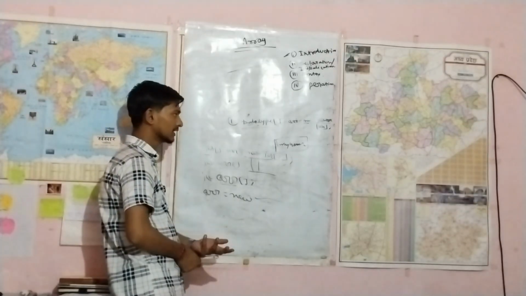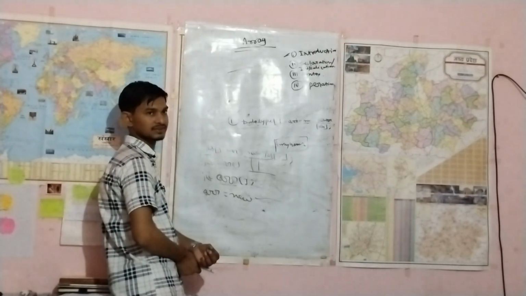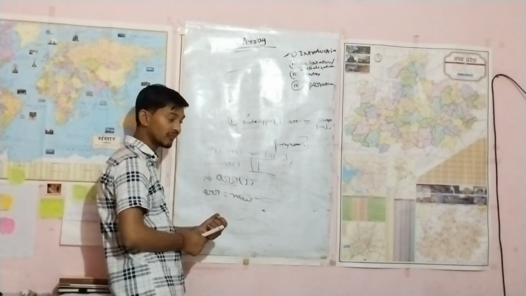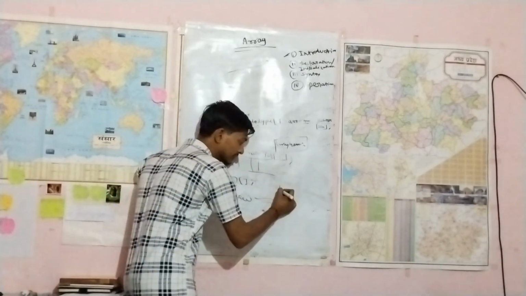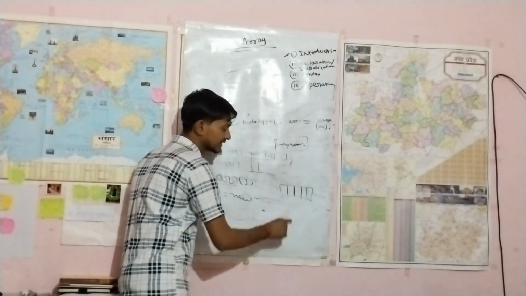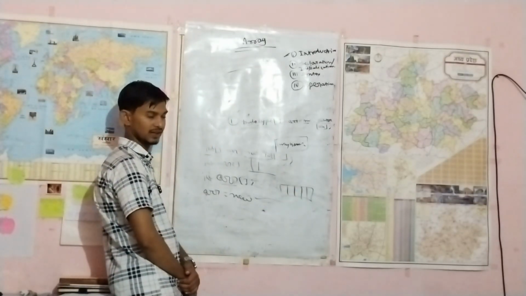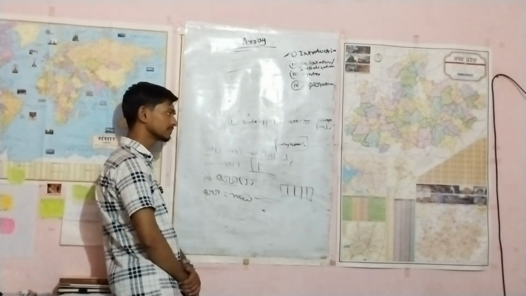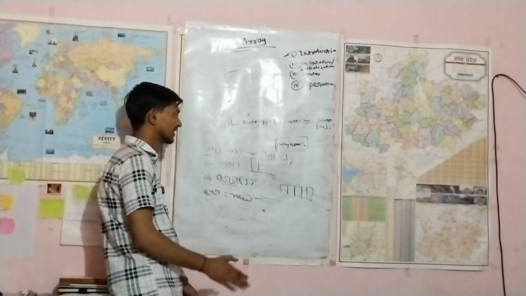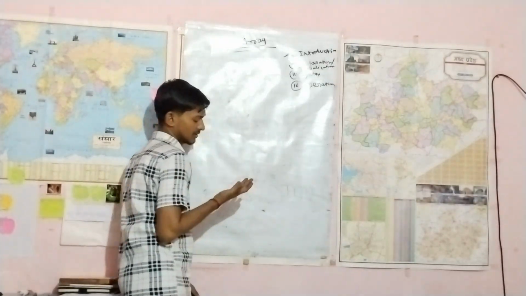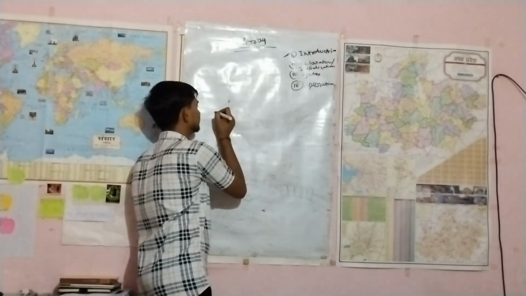Now we will learn how we can initialize. What is the meaning of initialize? It means you are going to put values into these brackets, or these boxes. It is called initialization. And in an array there are two ways of initialization.